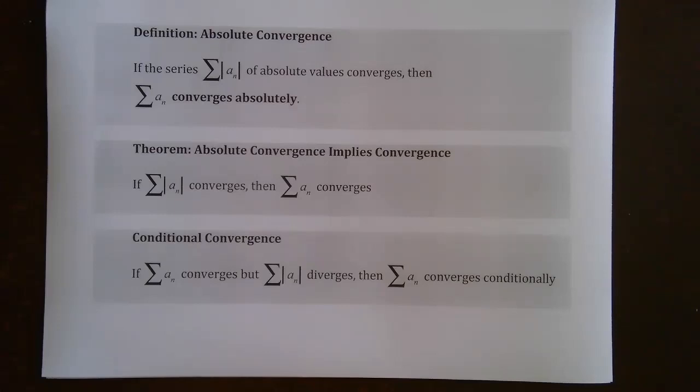Now, if the absolute value series diverges and the original series converges, then we would say that the original series converges conditionally. We've gone over all that back when we did improper integrals and some infinite series in the last unit.